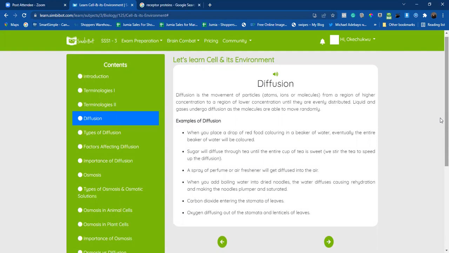Diffusion is the movement of particles, atoms, ions, or molecules from a region of higher concentration to a region of lower concentration caused by random movement of the particles until an equilibrium is attained. That definition is very, very important. It is very important that you put: until an equilibrium is attained.